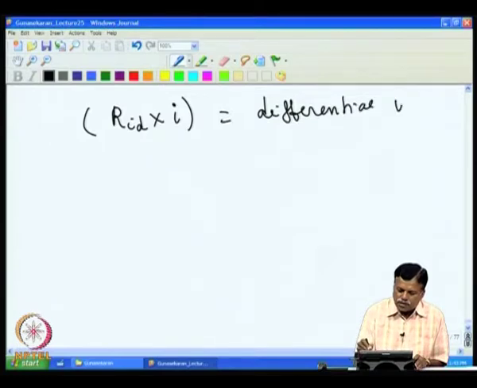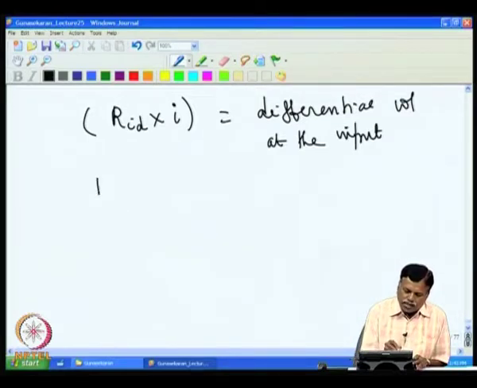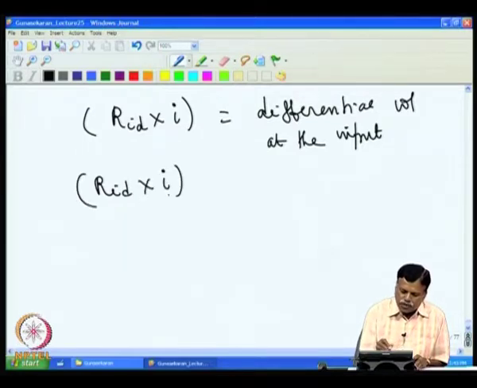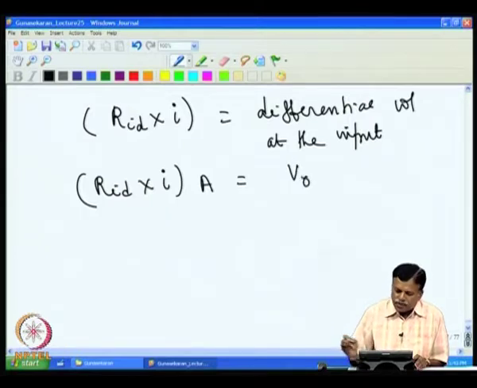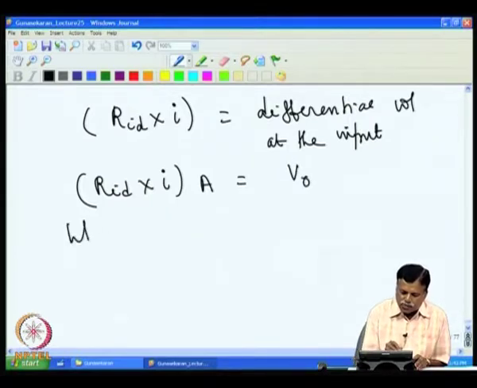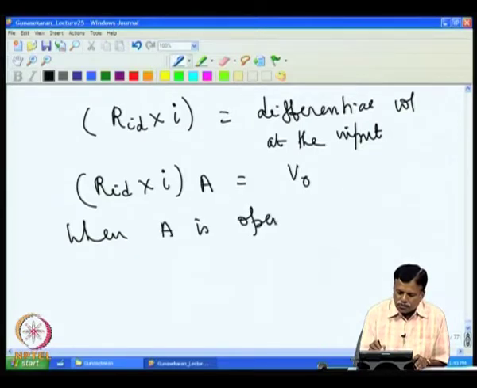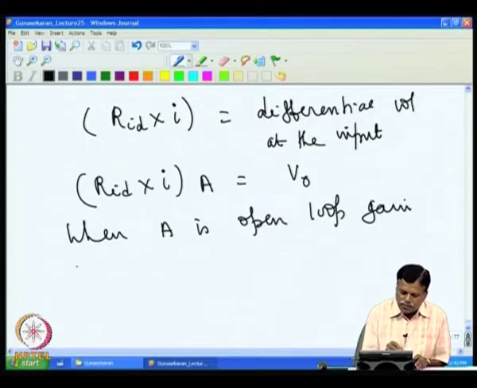So, RID into I into A would be equal to the output voltage, where A is the open loop gain and V0 is the output voltage.